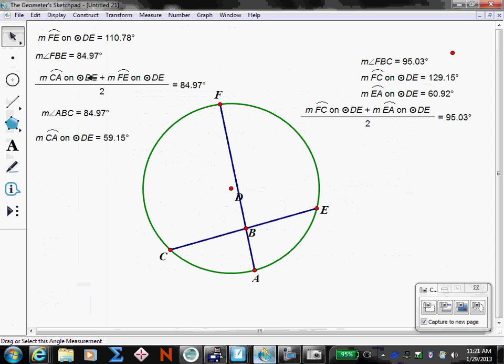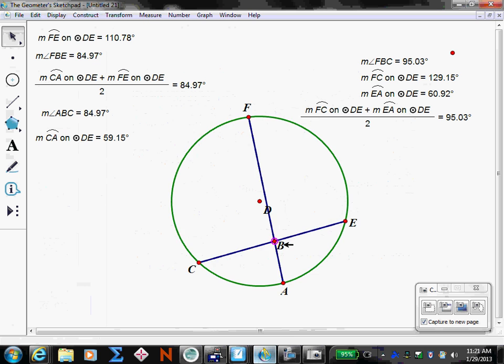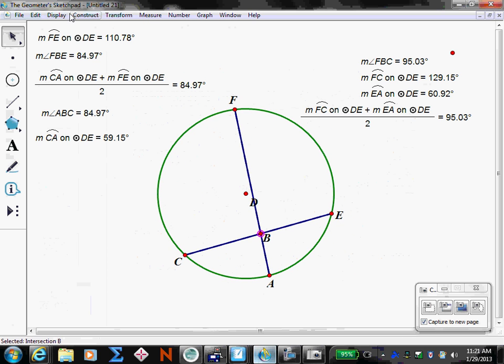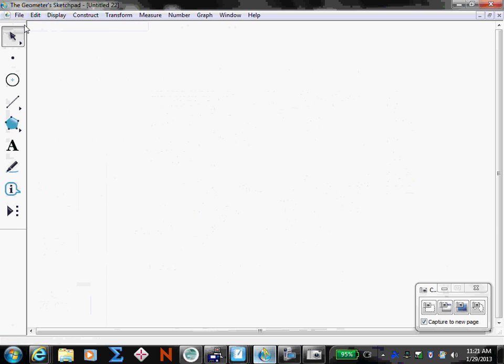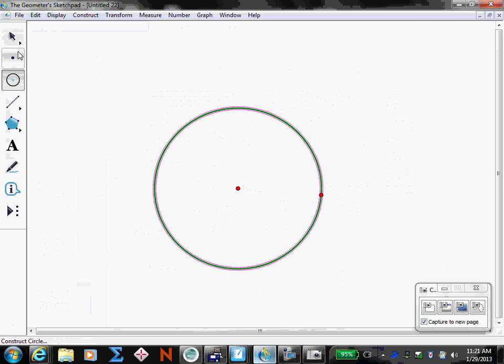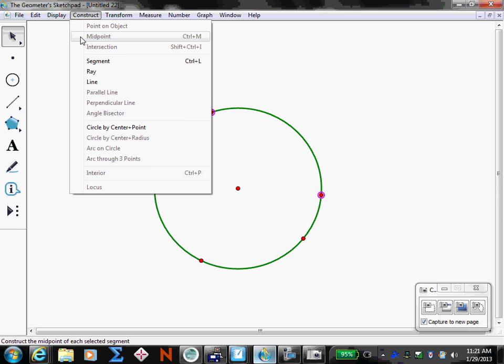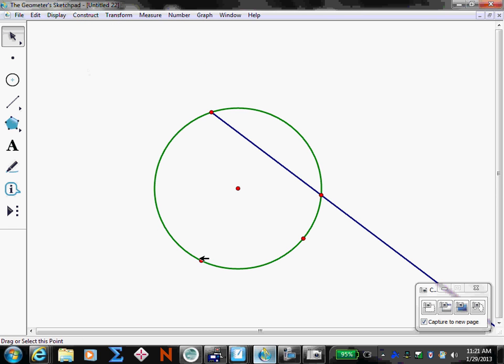So open Sketchpad. And let's start with the circle. We are going to need some points in order to make secants. And of course I can move my points around. And I am going to construct a ray here, and then I'm going to construct a ray going this direction.